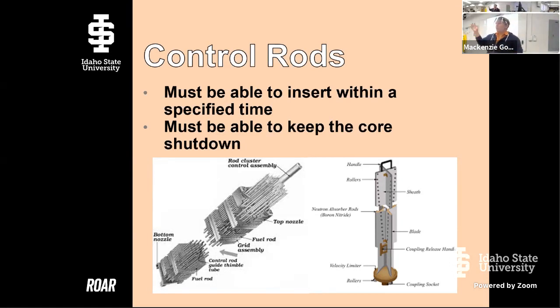You don't want one part of the core producing more neutrons than another part and creating hot spots, right? You want it very even. So as you move these banks, they are designed to create even flux. And so if for some reason the mechanism of one whole bank stops working and you can't insert those rods, you have to be able to prove that your reactor will shut down and stay shut down with those rods stuck out of the core.